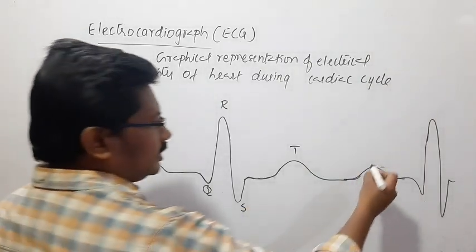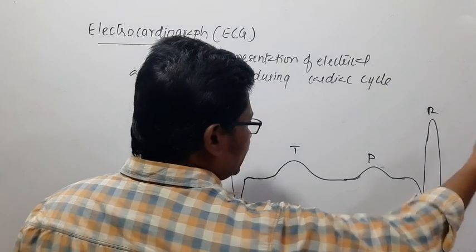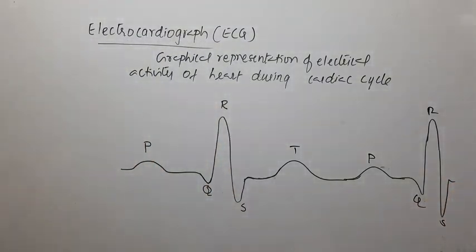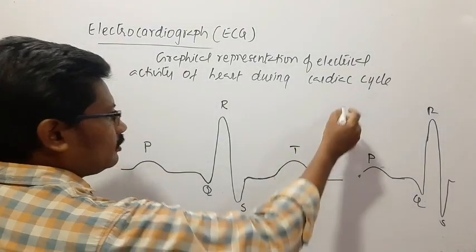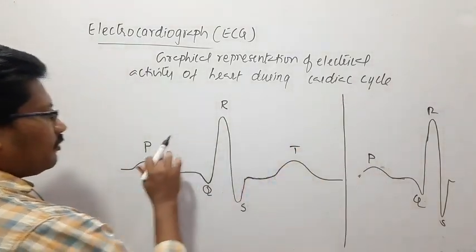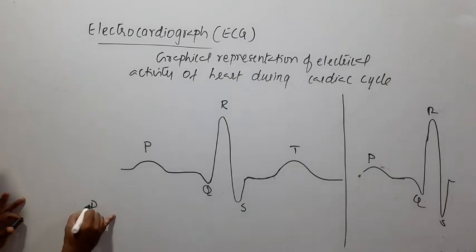So here you can see again the P, Q, R, S, and T, and goes on, right? Now at present we'll see from P to T only. So I'll see what actually this P represents, what the Q, R, S and T all of them represent.